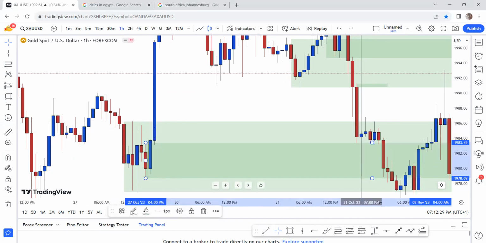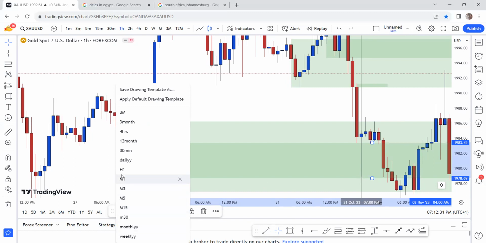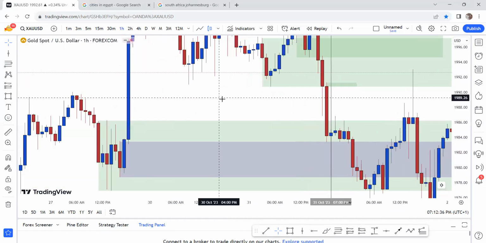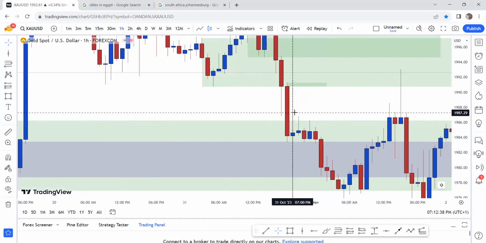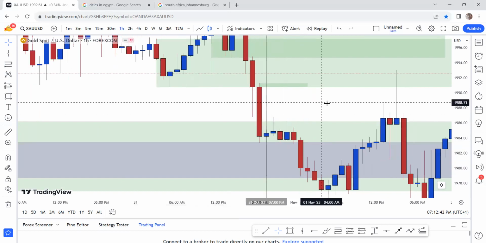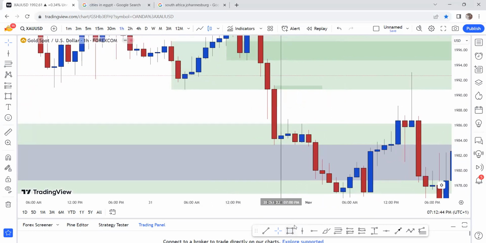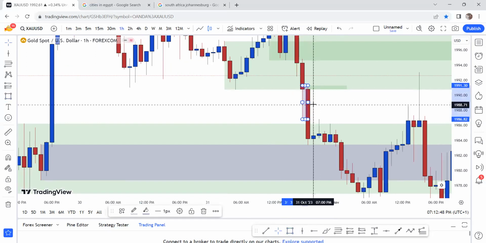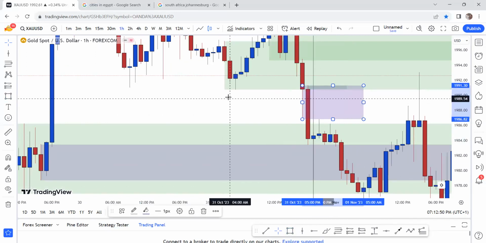Let me change this to H1. So now price closing this way, where do you think price will need to buy to if price is reacting to this level? We have this dominant zone right here, a dominant engulfing sell, which is also on 1 hour.